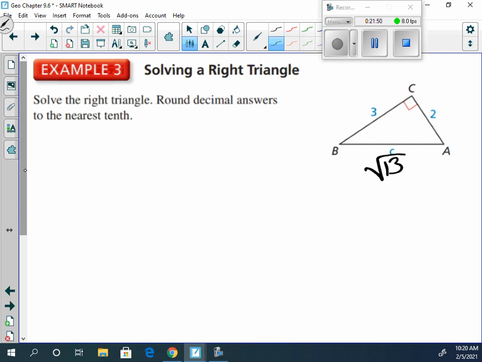Sine of a given angle is equal to opposite over hypotenuse. Cosine is adjacent over hypotenuse, and tangent is opposite over adjacent, yes? Okay. Which one do you want to use? Pick your poison. Tangent. So we'll take tangent of A or B? B. So we'll say tangent of B is equal to what over what?